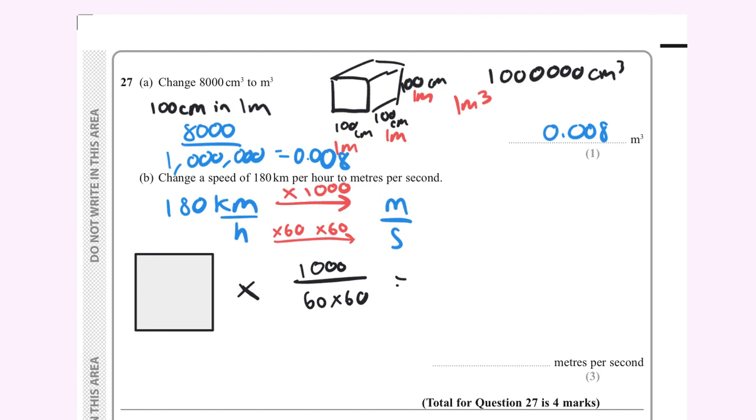That bit, divided by 60 times 60, becomes 0.27777, which goes on forever. Then times whatever number you get there by 180, and you will get 50 metres per second.